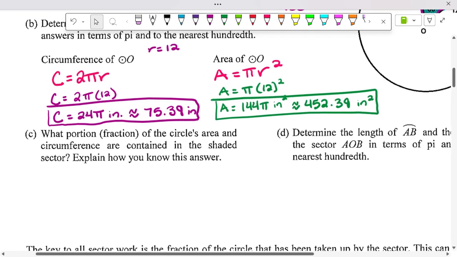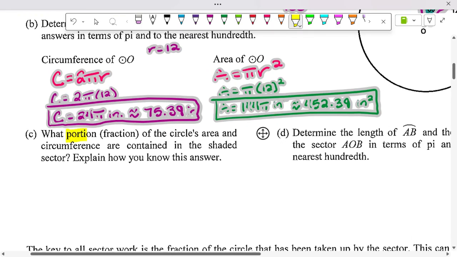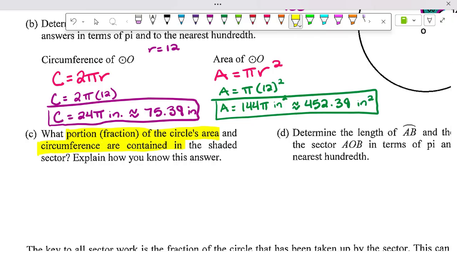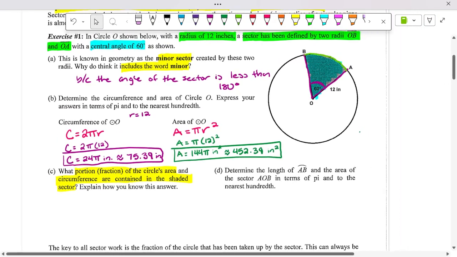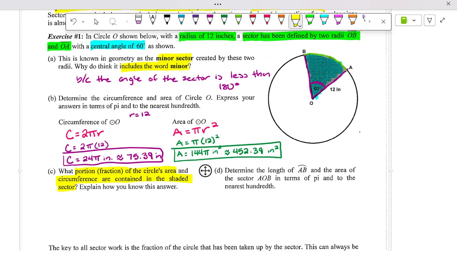It then wants to know what proportion or fraction of the circle's area and circumference are contained in the shaded sector. So think about this logically. How many degrees is this sector? 60.